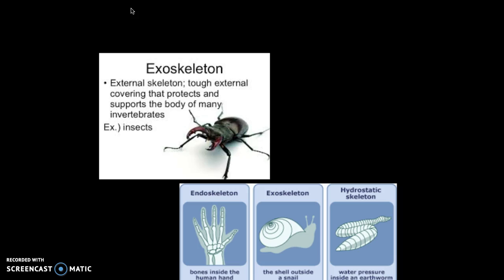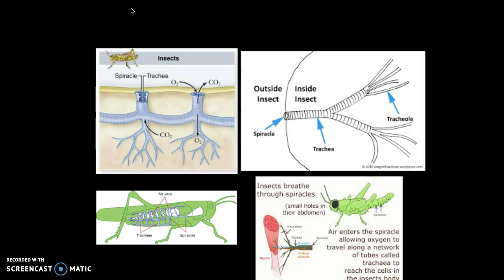And at the bottom picture, you could see the different types of skeletal systems, and the most popular compared to the exoskeleton is the endoskeleton, and that's basically in humans, a body composed of mostly bones and some living cells. So back to this picture.